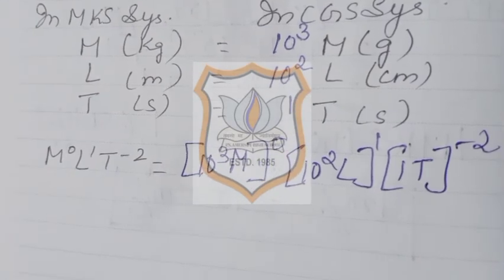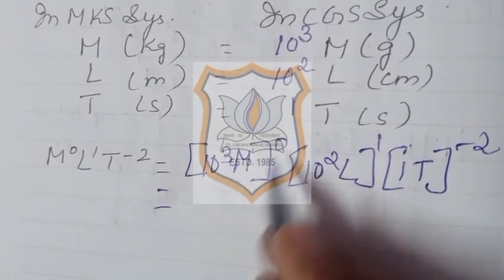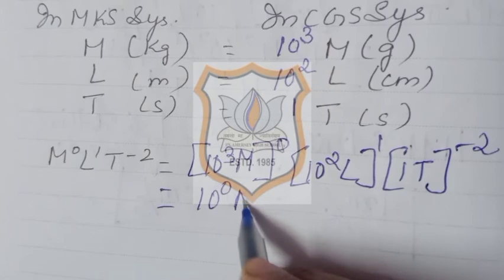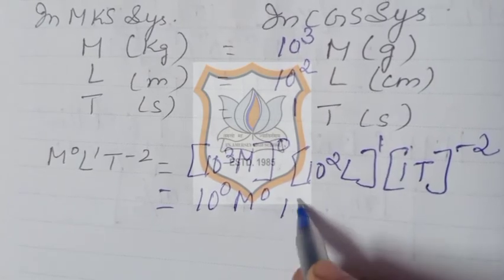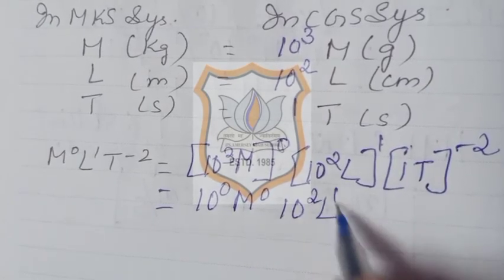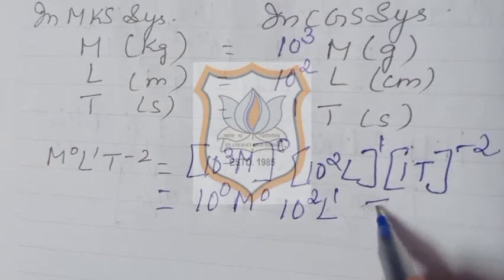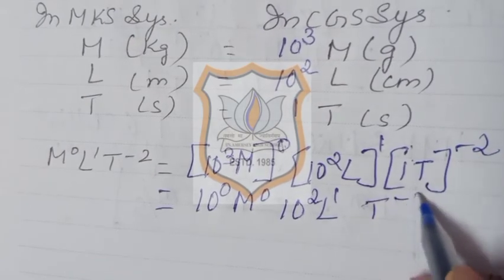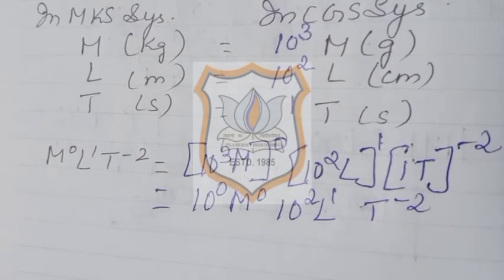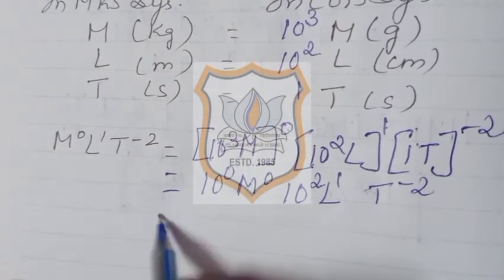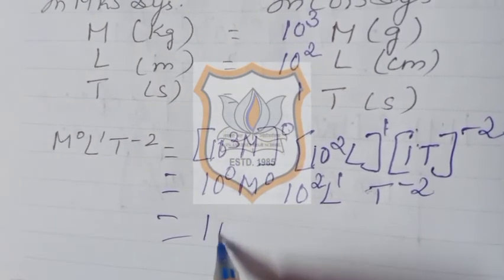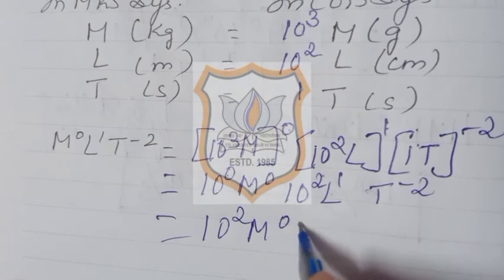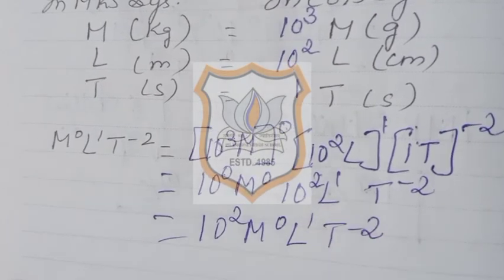So now solve this. 3 zeros are 0, 2 ones are 2, 1 t to the power minus 2, and 1 to the power anything is 1. So now this is 0 plus 2. So 2, m0 L1 t minus 2.